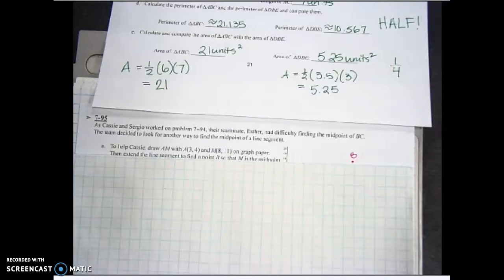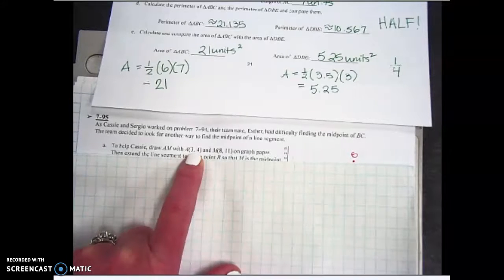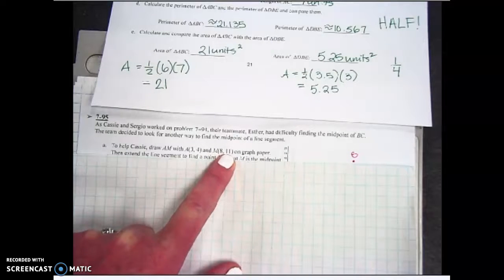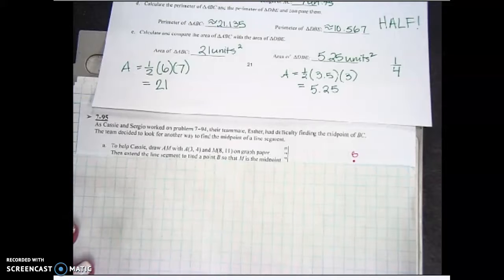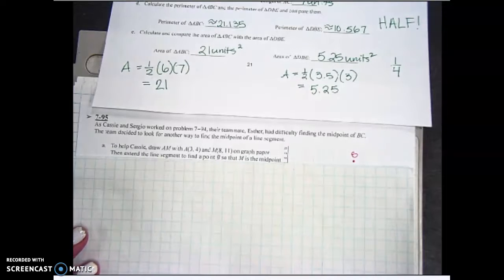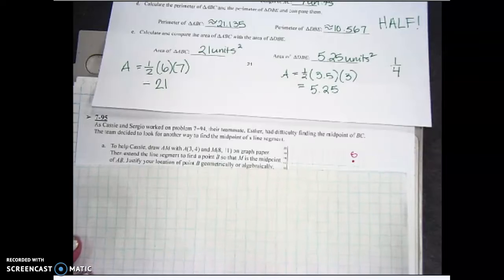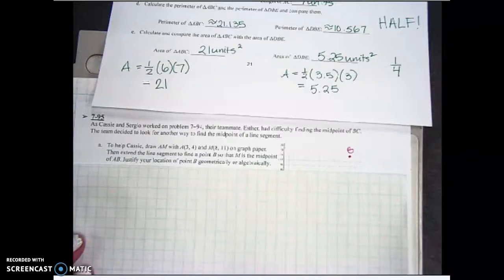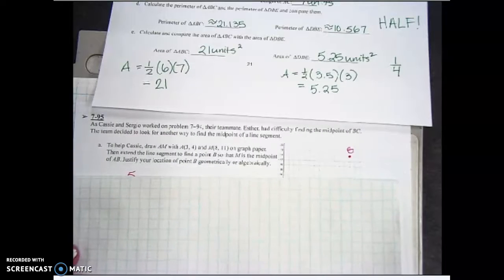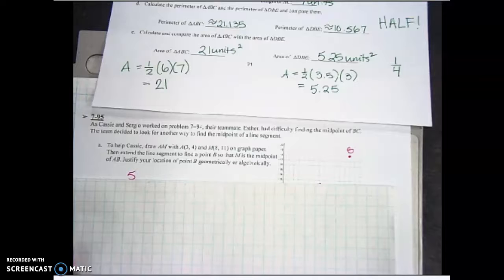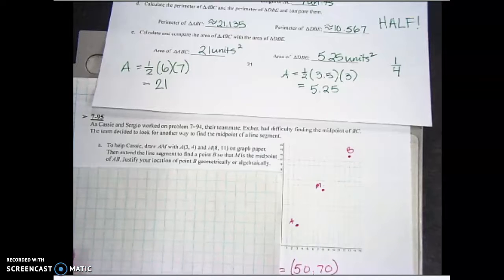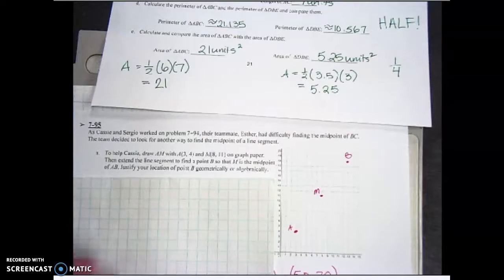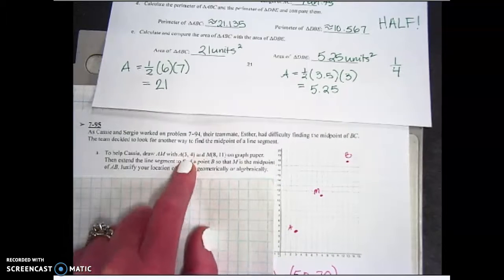To help Cassie, draw AM with A at 3,4 and M at 8,11 on graph paper, then extend the line segment to a point B so that M is the midpoint of AB. Justify your location geometrically or algebraically. Okay?